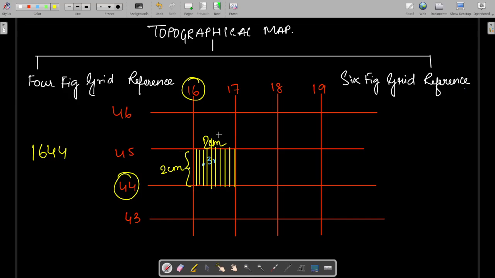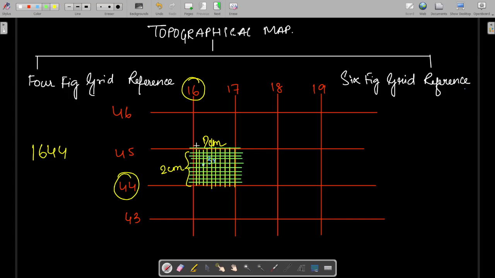So therefore we are going to divide this into 10 equal halves, both vertically as well as horizontally. Now in this case we can see that we have already divided it into 10 equal halves from all sides. While dividing this into 10 equal halves, we have to keep one thing in mind: the last line must merge with the boundary.